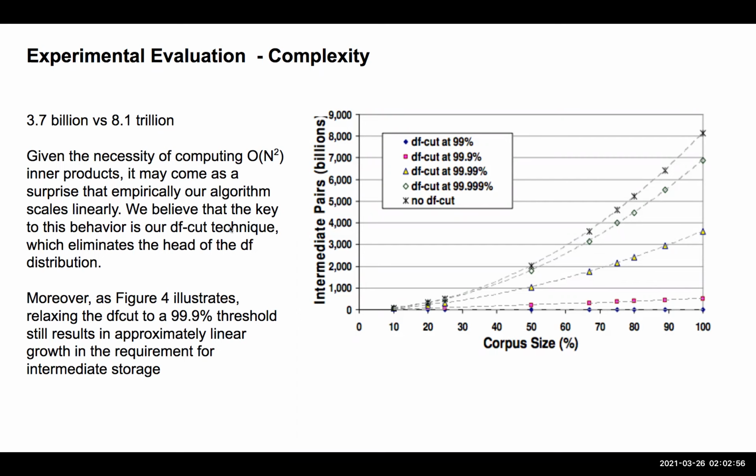They also look into the correlation between the number of pairs and the size. Theoretically, because this is a pairwise analysis, the correlation would be non-linear, an n-square correlation. However, it's very surprising to see that if the depth cut is 1%, it is quite a linear correlation.